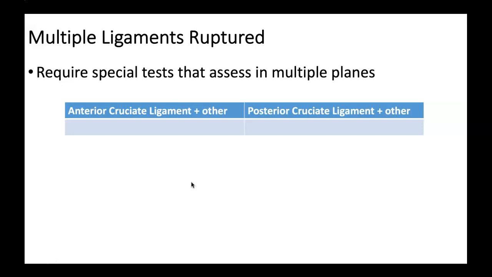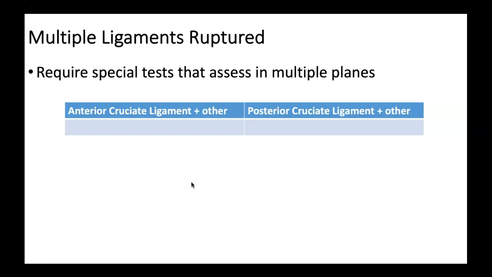And so what I'm going to say to you guys is in lab, we're going to learn special tests that assess just the one ligament, ACL or PCL, but then we also have to use clinical special tests to rule in multiple ligamentous injuries. In other words, what we know about the ACL, for example, is not only is the ACL most often injured, what we often see is a meniscal injury occurs and an MCL injury occurs, right?